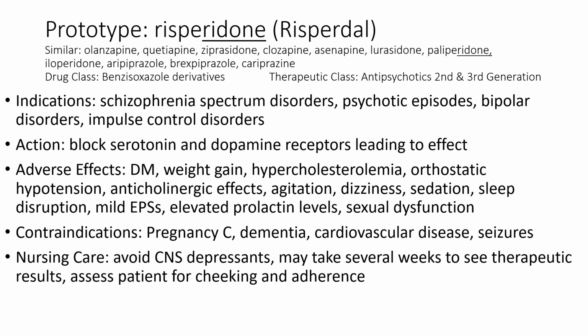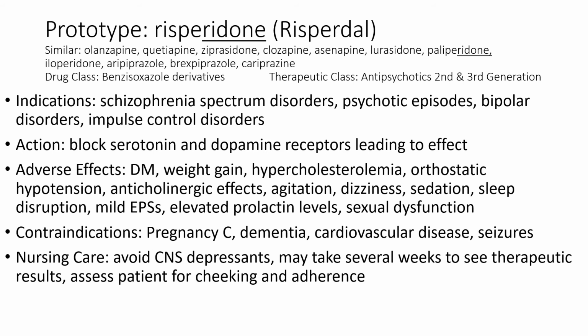Okay, so they're used for schizophrenia in psychotic episodes. They're all really quite similar. There's going to be a large list of them, so I think you need to view them as similar and just know that they're atypical antipsychotics, and risperidone is the prototype that we're going to use.